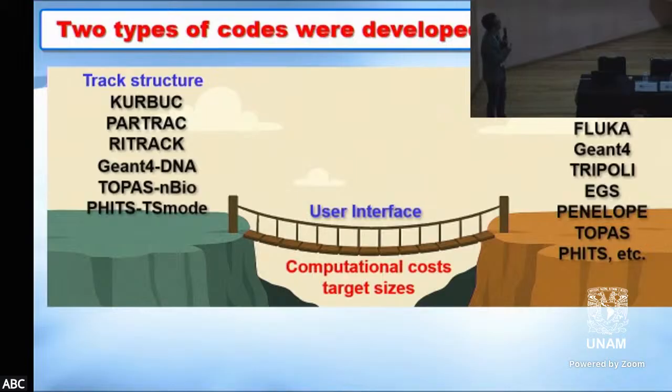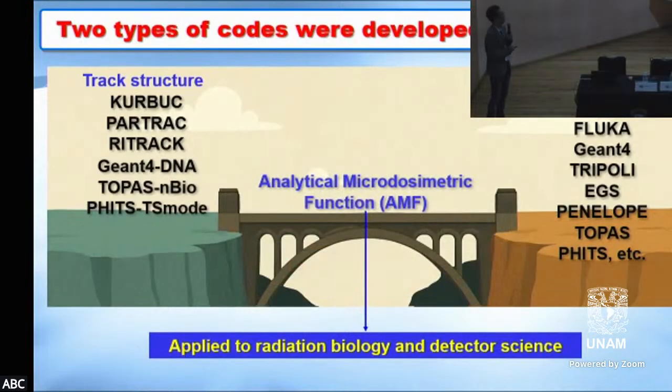But just sharing a user interface is not enough, because the computational cost and target size issues remain. Then we constructed a stronger bridge, that is the analytical microdosimetric function, so-called AMF, and we apply this function to radiation biology and detector science. And today I will talk about this part.